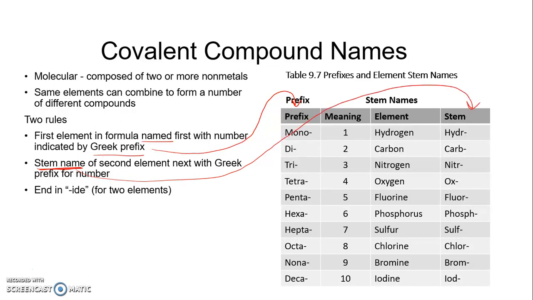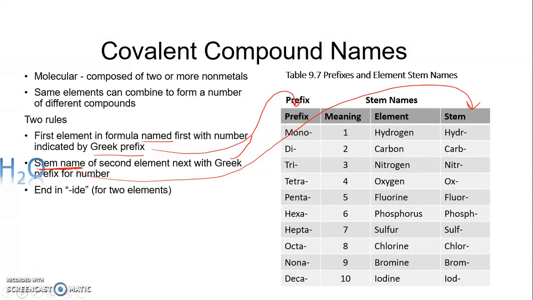So hydrogen, you would use hydro. Carbon, you use carb. Nitrogen, nitro. Oxygen, ox, and so on. And then you also have to include a Greek prefix number as well for that. And then you end with "-ide" if it's just two elements in the compound.